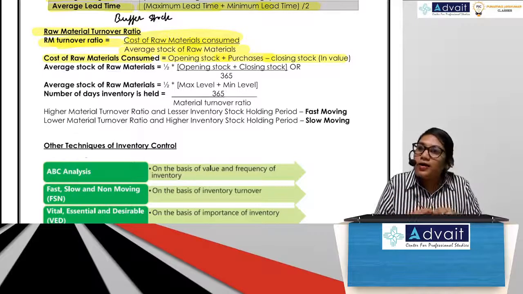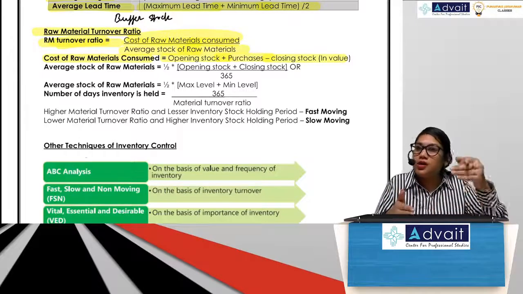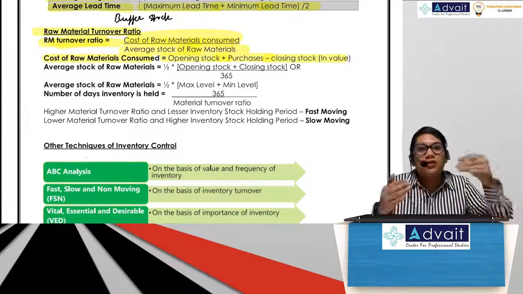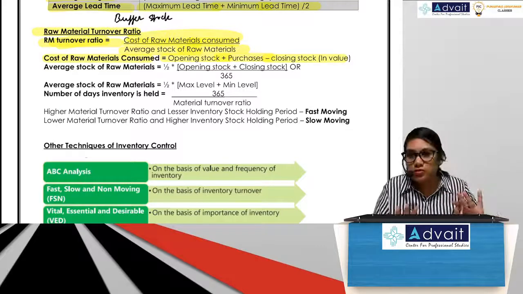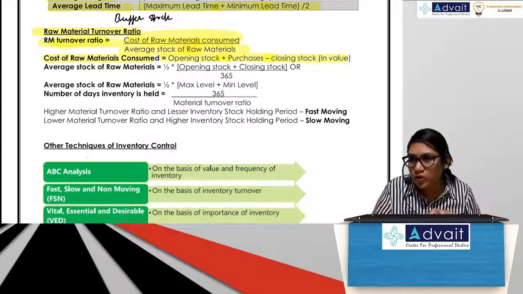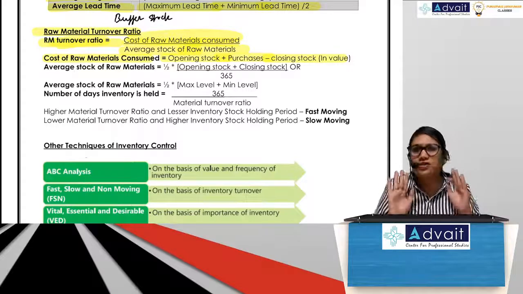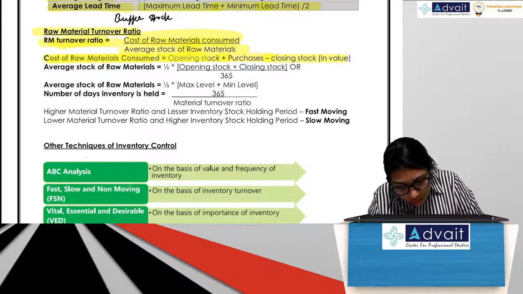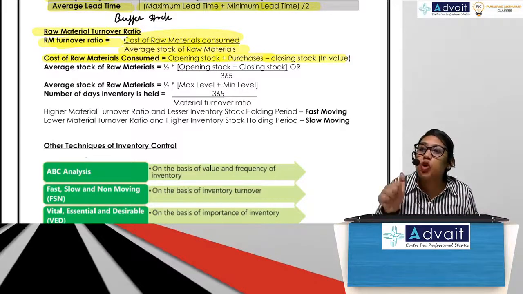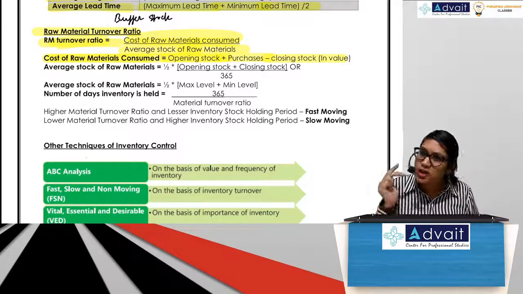But if opening stock, purchases and closing stock are valued at the same price, then you can take units, because ultimately everything will get cancelled off. But always stick to value, it is better. So cost of raw materials consumed is opening stock plus purchases minus closing stock.